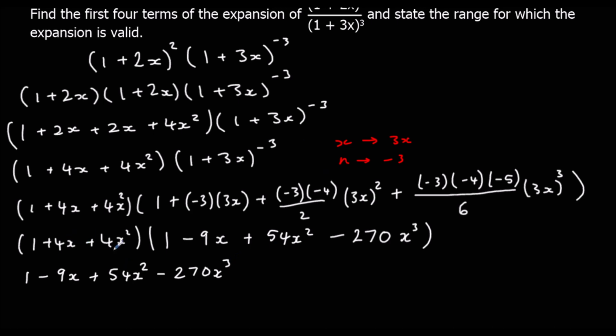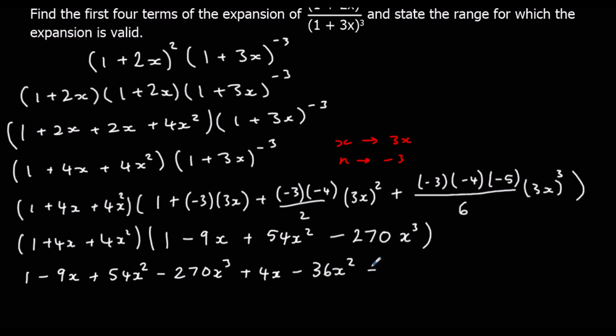Then we can multiply everything by 4x. So 4x times 1 is 4x. 4 9s are 36, and it's a positive times a negative, so negative 36x squared. 4 54s will be 216.